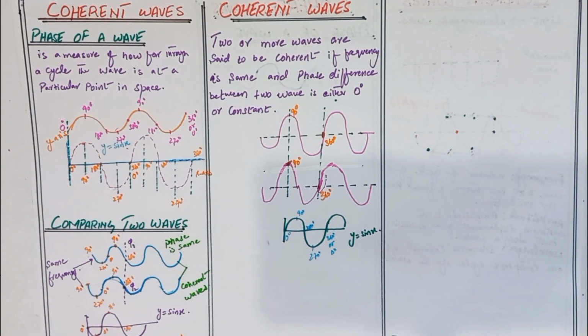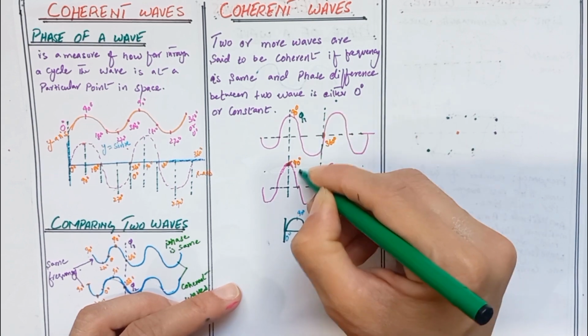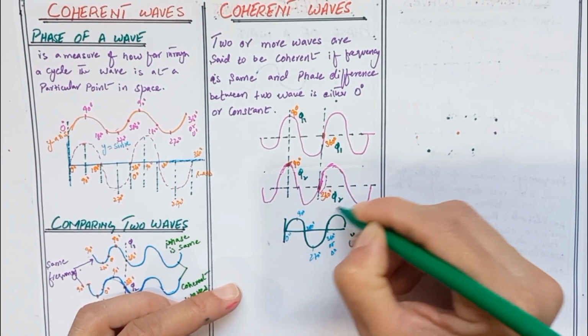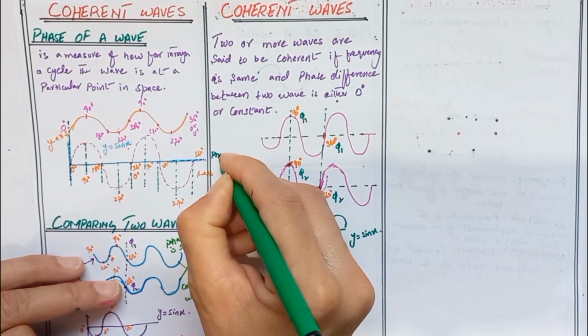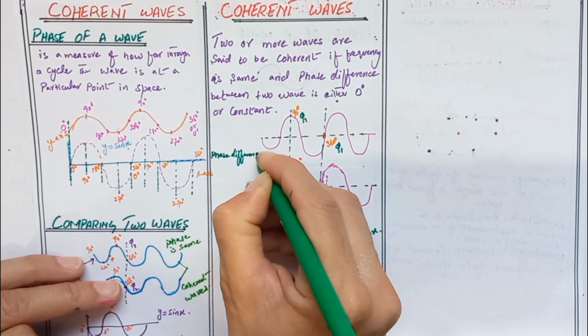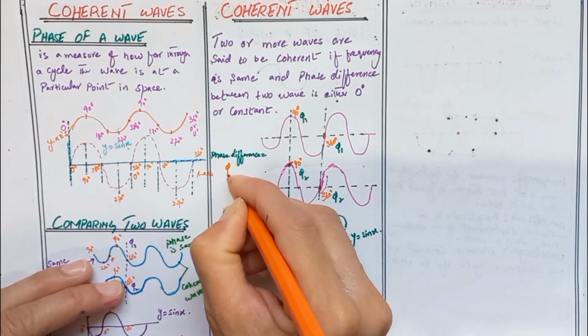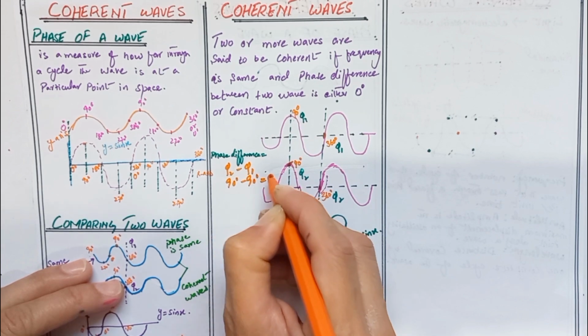So if we find the phase difference, let us define this point as phi 1 and this point as phi 2. The phase difference between these 2 points is found by phi 2 minus phi 1. Here phi 2 is 90 degree, phi 1 is 90 degree, so it is equal to 0 degree.